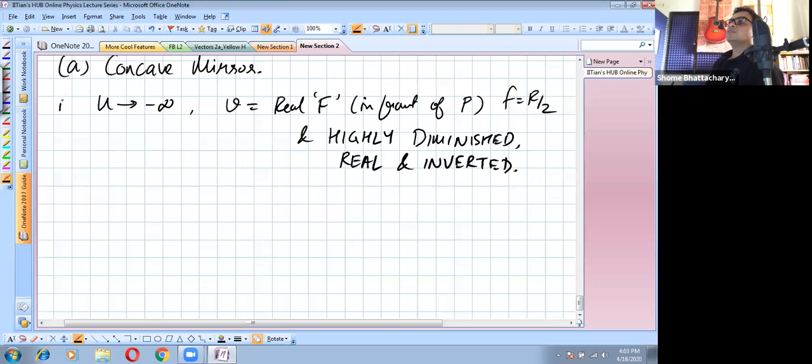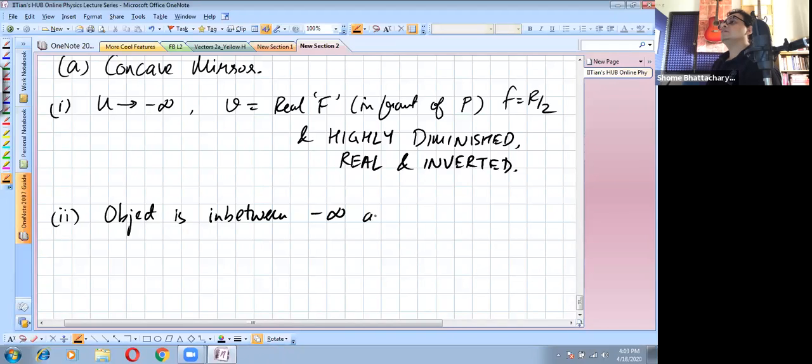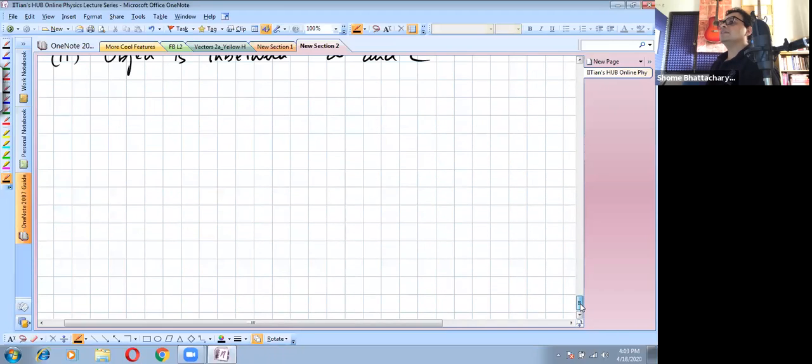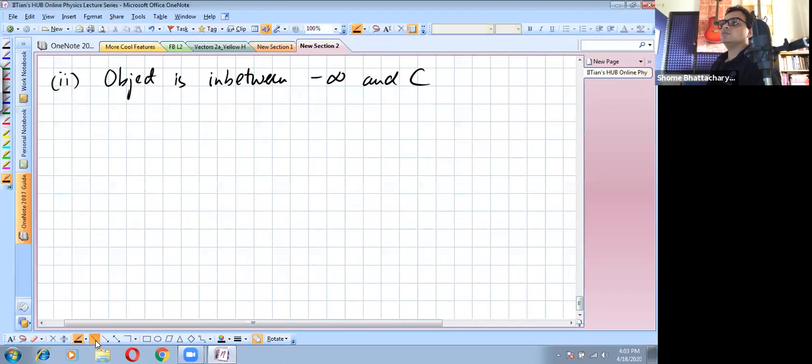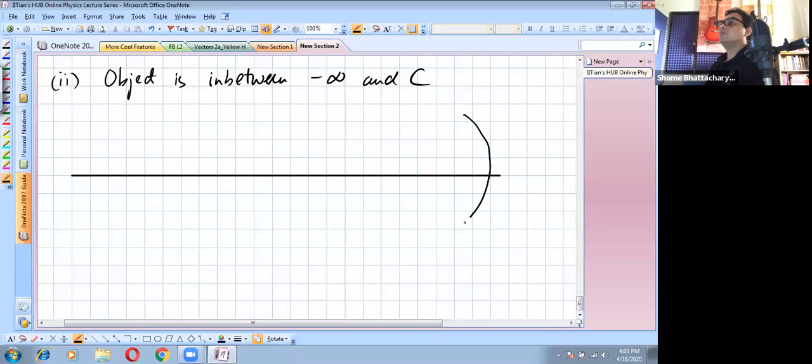Now, the second one: I'll see if the object is in between minus infinity and the center of curvature. Here I'll just support it with a numerical example. The ray diagram you already understood because this is the example we took in the explanation, or the derivation, of the formula of magnification.